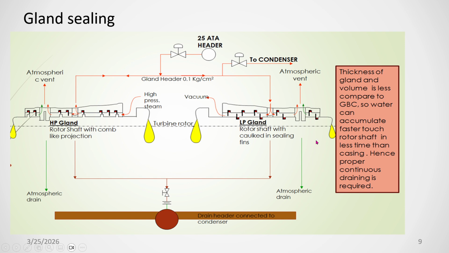For that we have to create a sealing. This is called the rear gland. This one is called the front gland. Before starting, we introduce some steam here, so that it comes to the gland portion and there will be sealing. Some steam will go inside and some steam will go outside and vent.